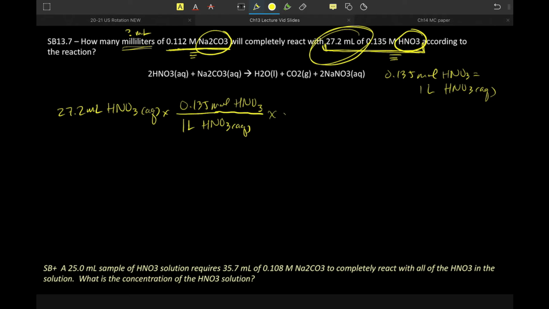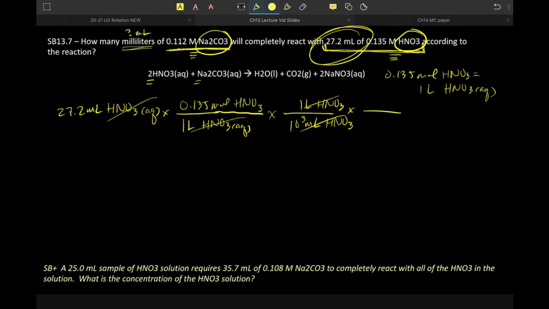And then what do you notice? We should have converted that, so 10 to the 3rd milliliters of HNO3 to every 1 liter of HNO3. Now those cancel, and we're at moles. Now we have to tie HNO3 to sodium carbonate, and we'll see here it's 2 to 1.